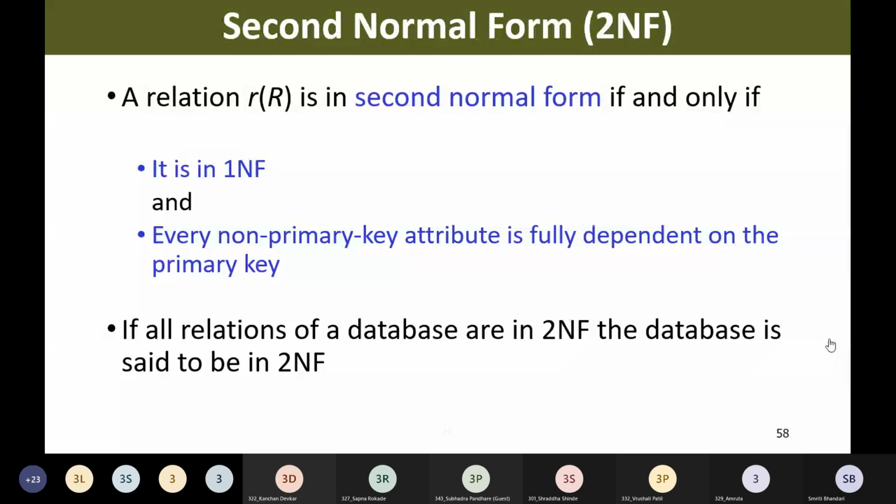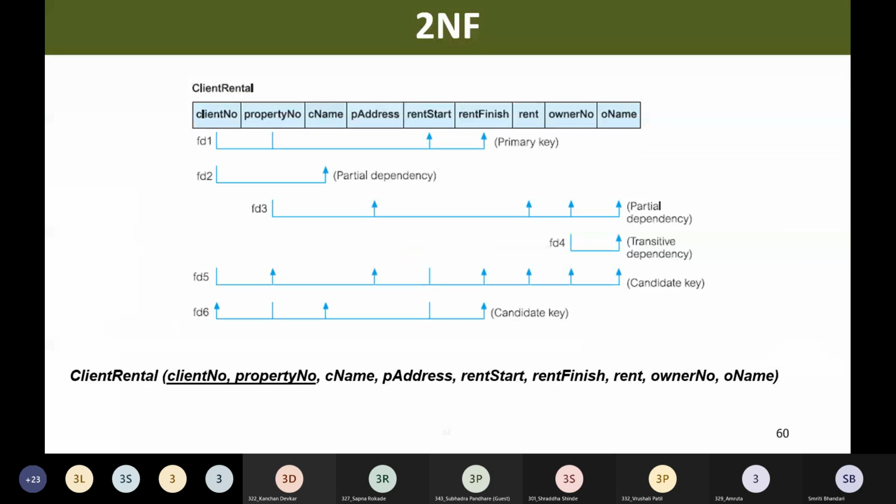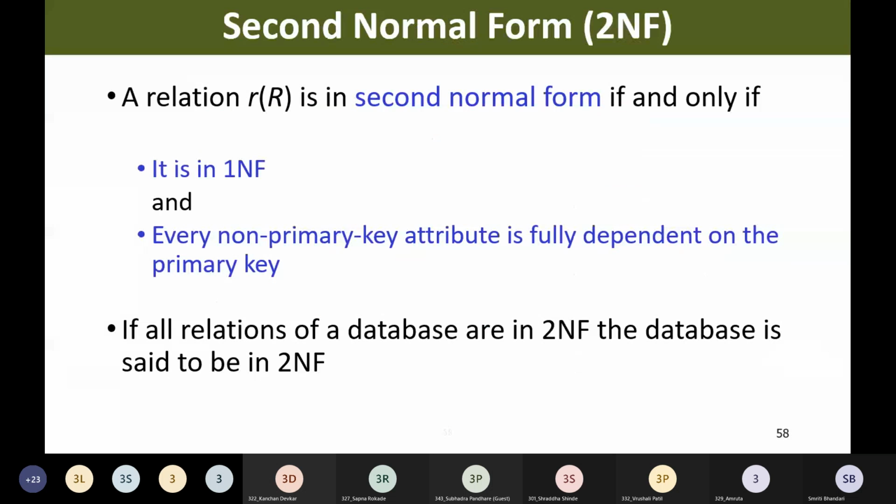We are going to discuss a few examples of 2NF in the next class. And also we are going to see how a relation which is not in 2NF can be converted into 2NF. Right? So I hope you have understood these concepts.